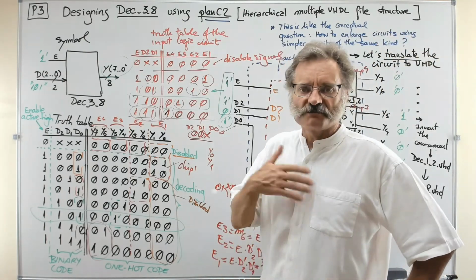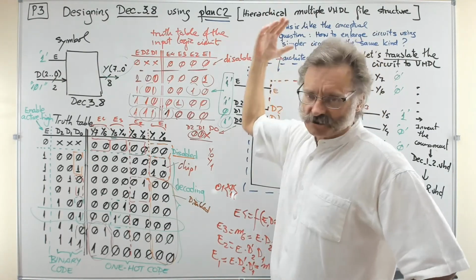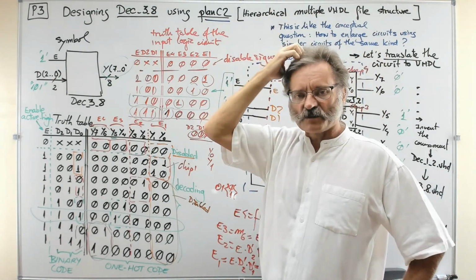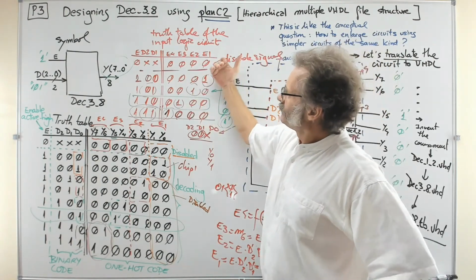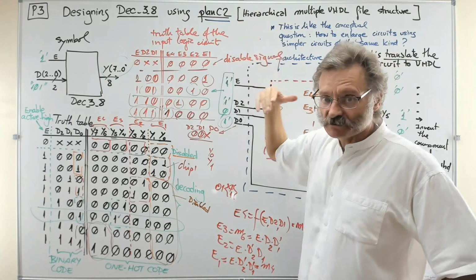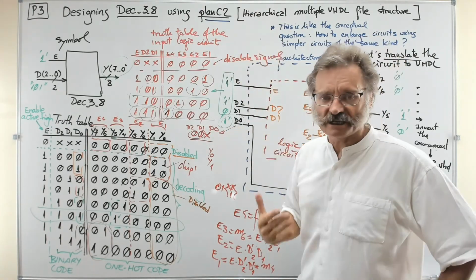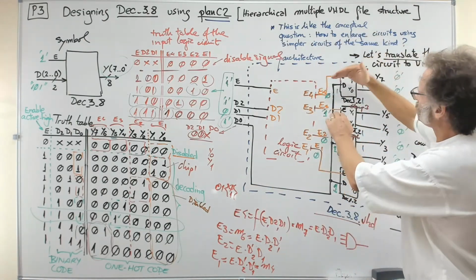You can repeat that again, in another video, for another kind of decoder, that is for sure, the same problem using other types of decoder. For example, variations: a decoder 3 to 8 using the plan C2, but imposing now the constraint that the component is going to be a decoder 2 to 4.